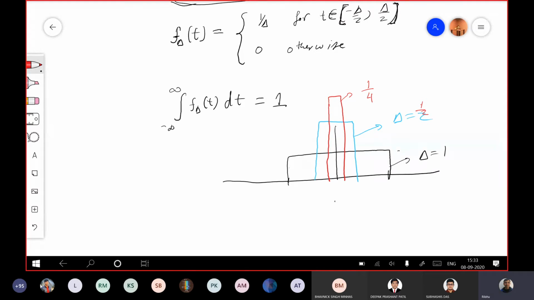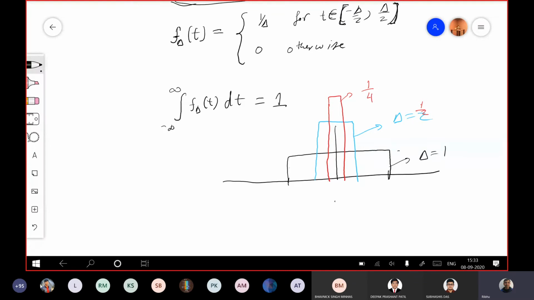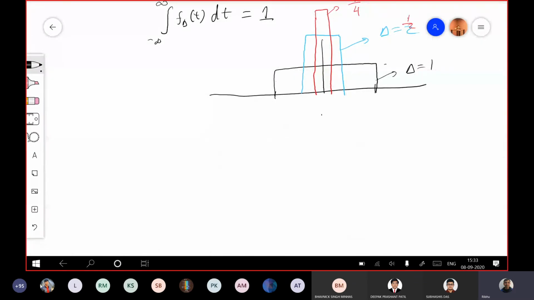However, we are not interested in the definitions of the Dirac delta. There are infinite ways of defining this function. What we are mainly interested in is what is known as its shifting property.